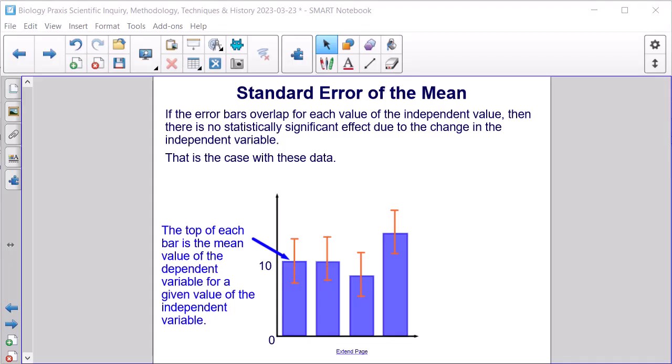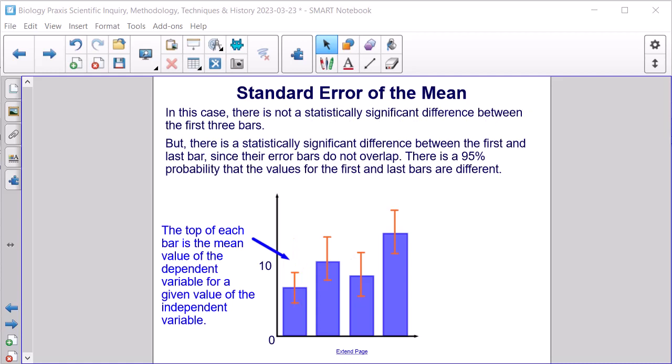If the error bars overlap for each value of the independent variable, then there's no statistically significant effect due to the change in the independent variable. That is the case with these data. The top of each bar is the mean value of the dependent variable for a given value of the independent variable. And you can see the overlap in the bars shown.